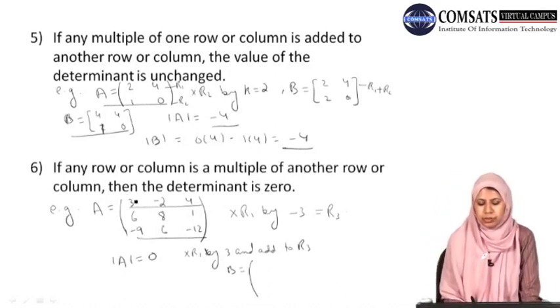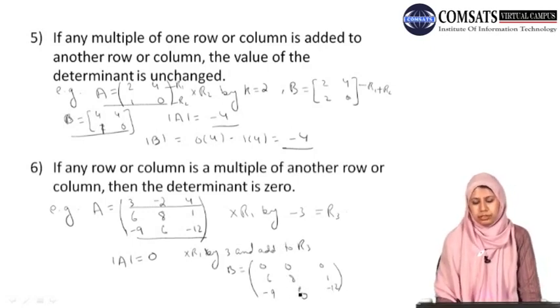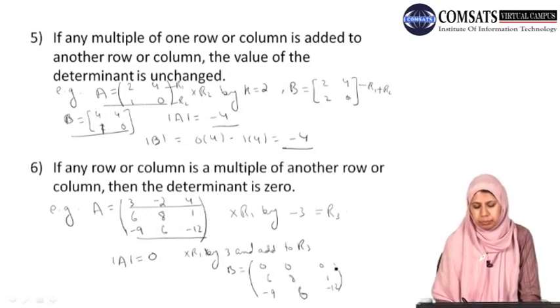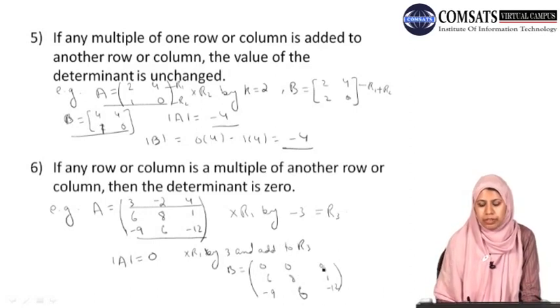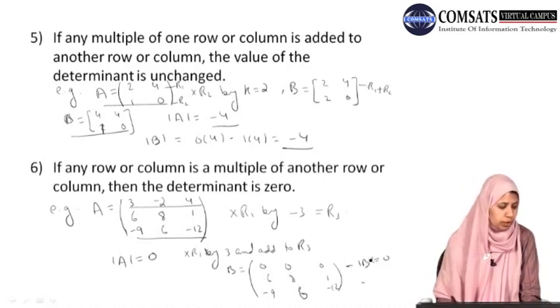That is, the first row will be 0, 0 and 0. The second row will stay as it is, and the third row will be minus 9, 6 and 12. So this gives us a matrix with one row having all the entries 0, and the determinant of this matrix is 0 by our property 1.